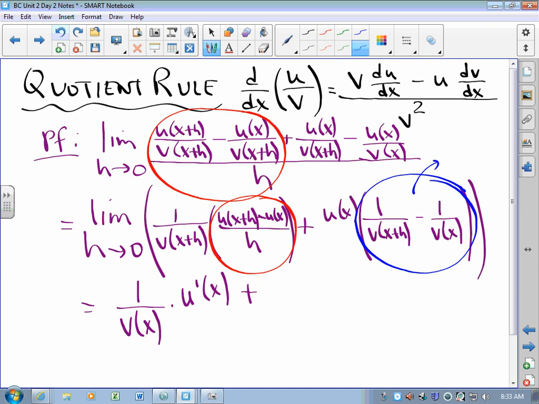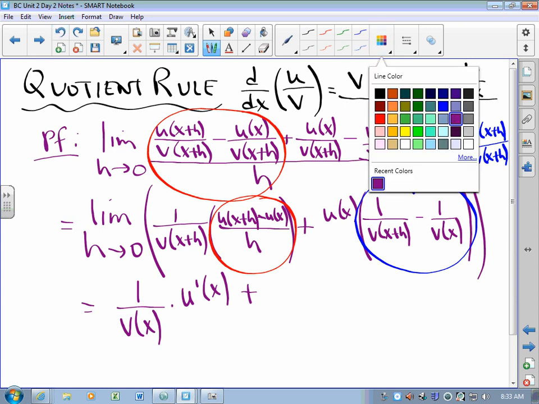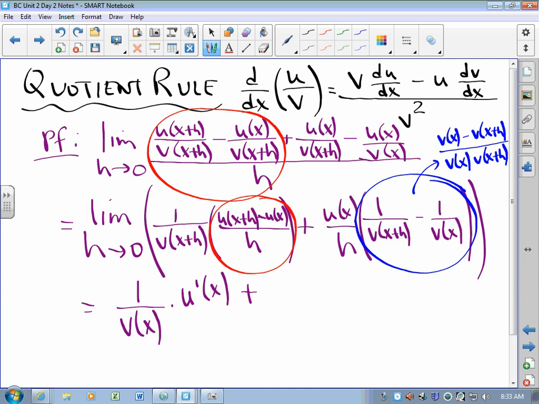Well, I'm looking at v of x minus v of x plus h over v of x times v of x plus h. And there's an h in the mix that we dropped out of there. Sorry about that, folks at home.